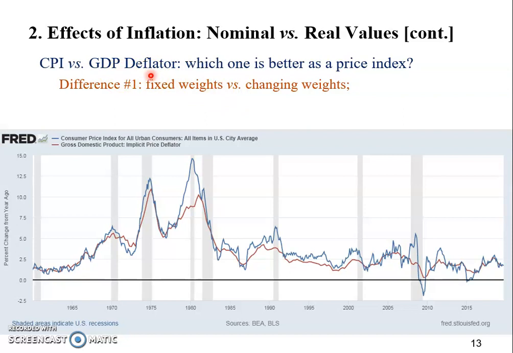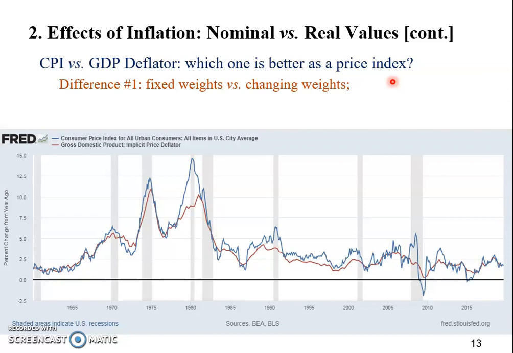When we calculate nominal and real GDPs, we use the actual quantity of goods and services produced, so they are changing year by year. That's why the GDP deflator has changing weights. It's not constant over time.